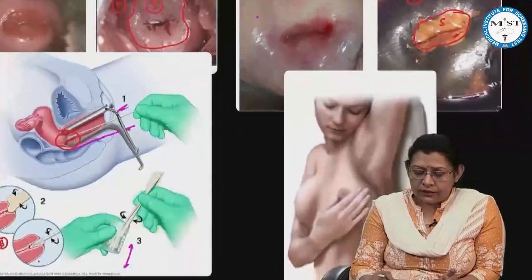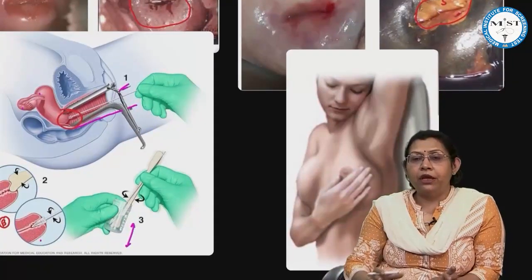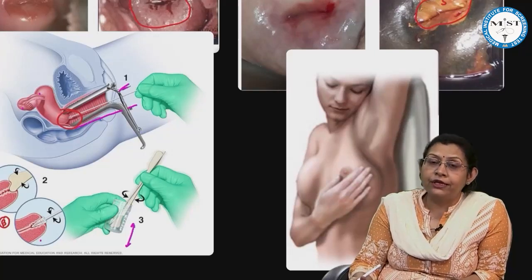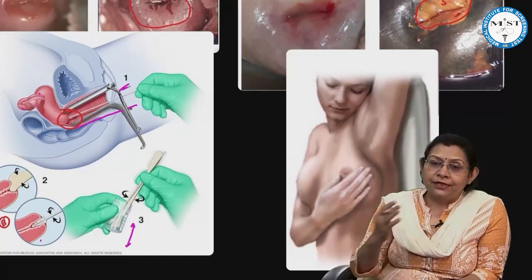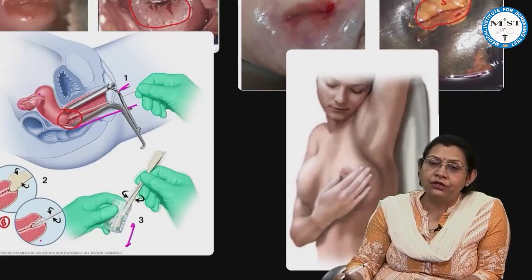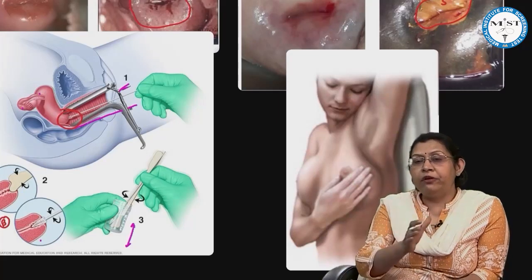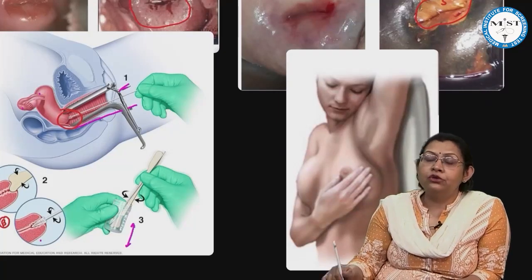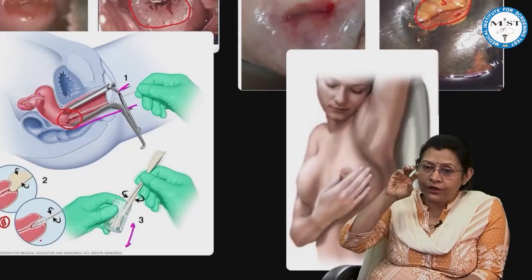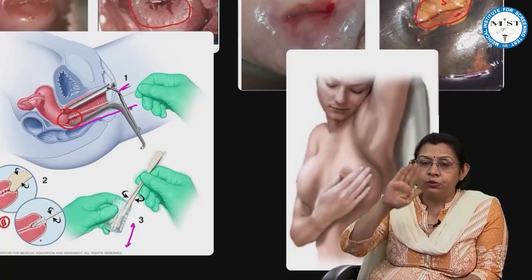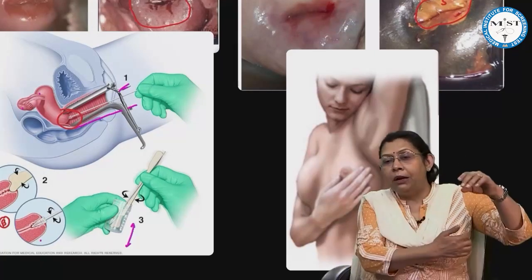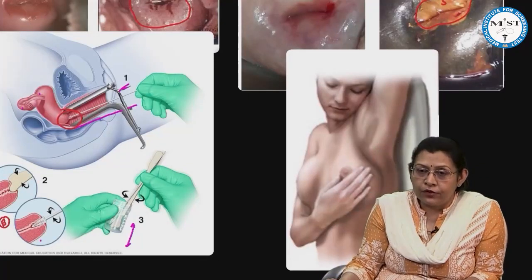And this is another image of screening of breast cancer, and we know that the first screening test is self breast examination. The lady is supposed to do the self examination of the breast every month, preferably in the post menstrual phase, to look for any lump. She should palpate not with the fingers but with the flat of the hand in all 4 quadrants, along with palpation of the axillary lymph nodes.